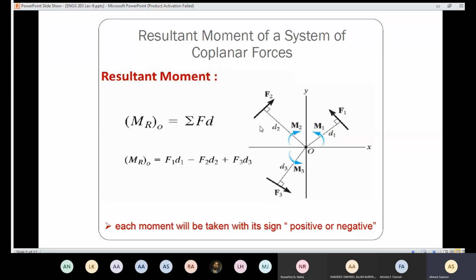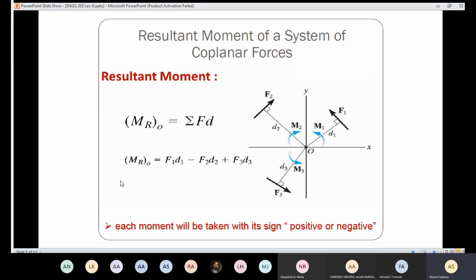Regarding M2, since the direction is going to be clockwise, it's going to be negative. So we are going to have minus F2 D2, and the last one here, the sense is positive since the direction is counterclockwise. So we are going to have plus F3 D3.